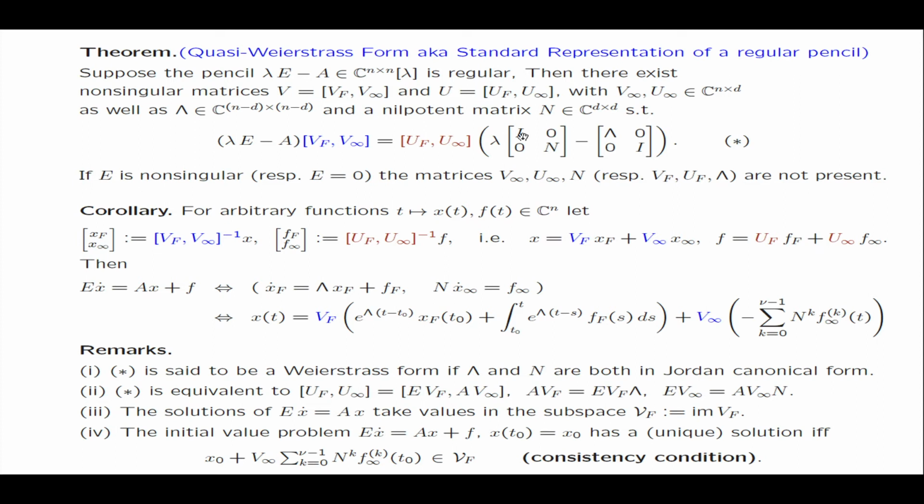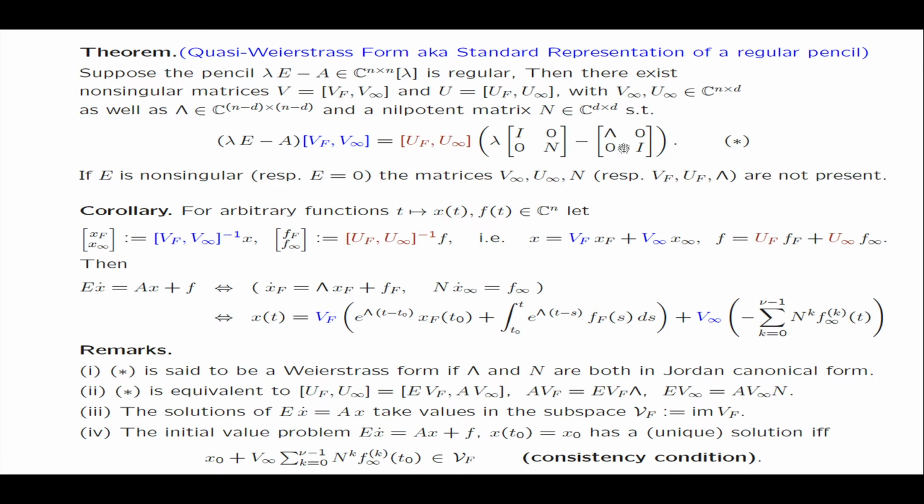Here we have the identity, here a nilpotent matrix. This lambda can be any matrix, but one can arrange it such that this is a Jordan matrix with Jordan blocks on the diagonal. But in many cases there's no need to do this, and computing the Jordan canonical form is difficult. So if you can avoid this, avoid it.